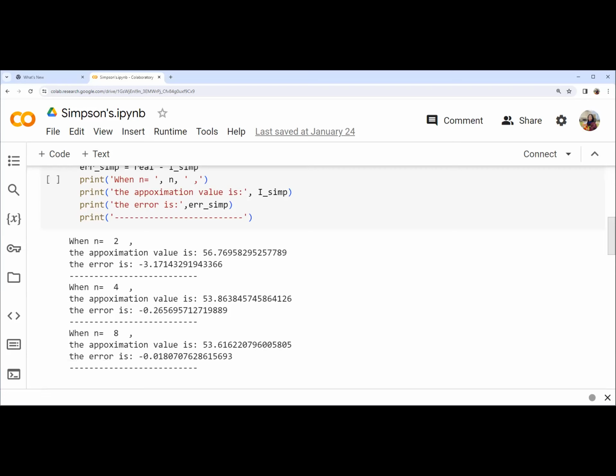And also you can use it as a cheat sheet in the midterm exam.